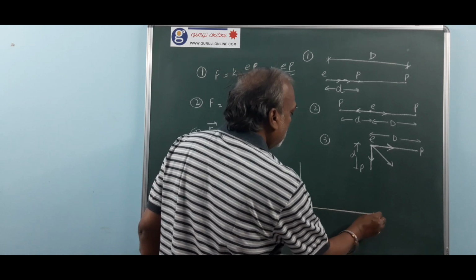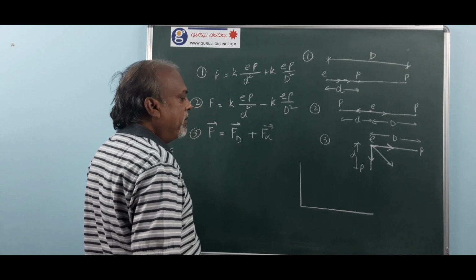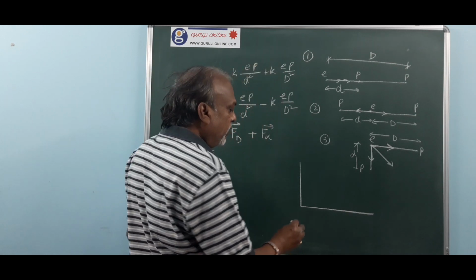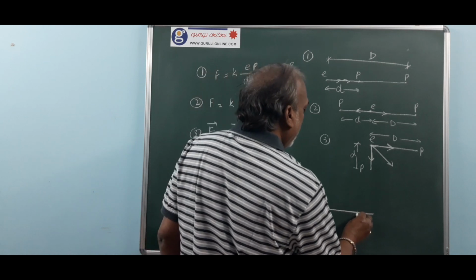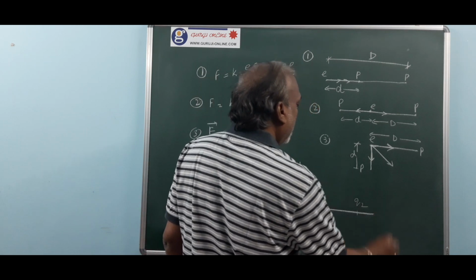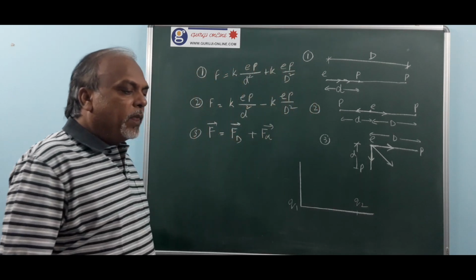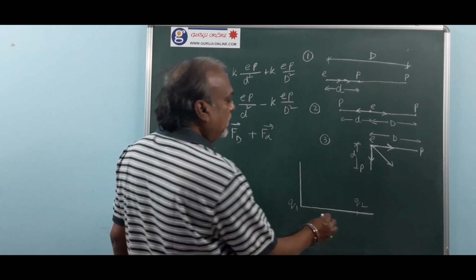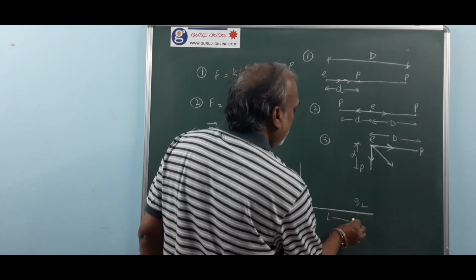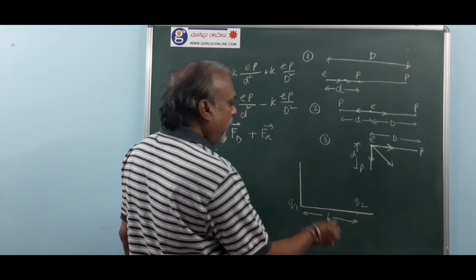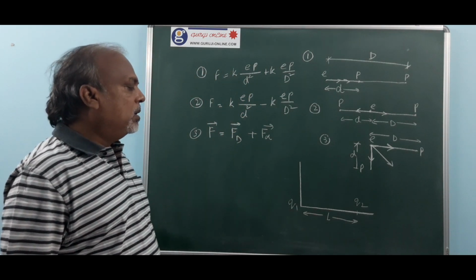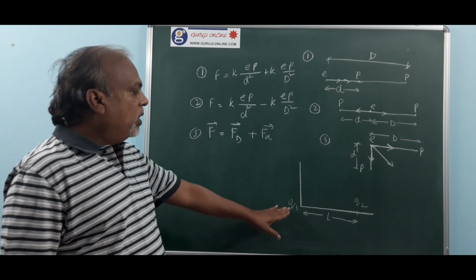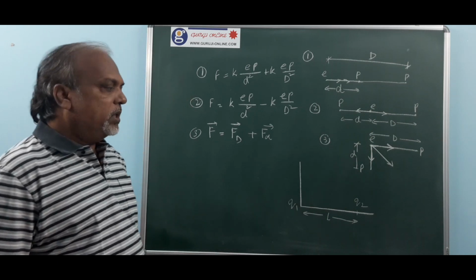So this is one problem, just to see how it behaves. Suppose you have this origin, this is Q1 and this is Q2, correct? And the distance between these two is L. Both these charges are positive.